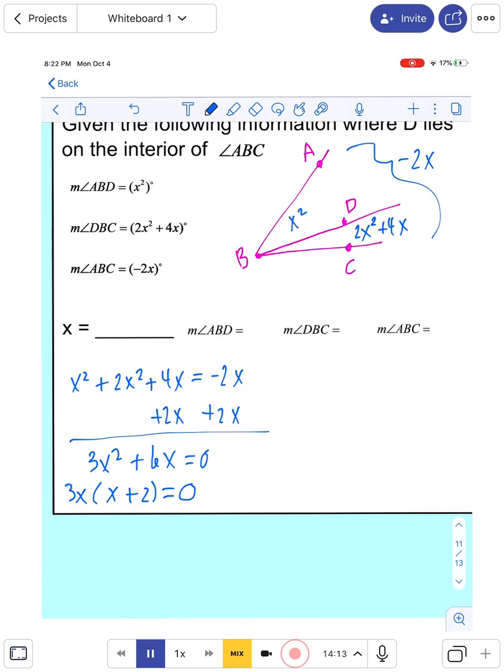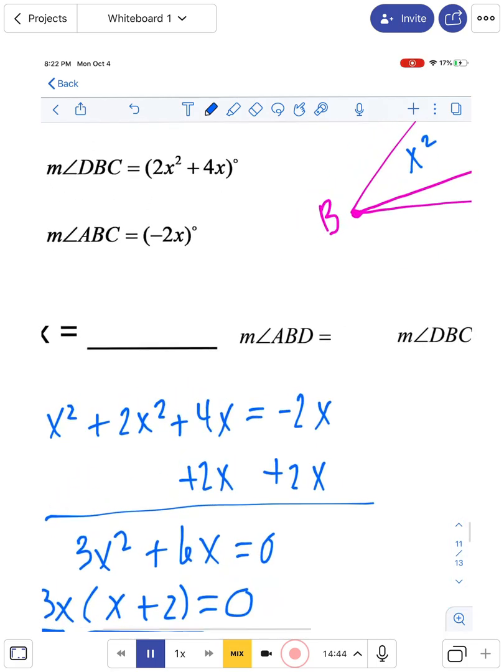So either 3x has to equal 0, or x plus 2 has to equal 0. So we say 3x equals 0, x plus 2 equals 0. We divide by 3, and we get x equals 0. And on the other one, we subtract 2, and we get x equals negative 2. Okay, now, let's see what happens with each of these x values. So let's start with x equals 0.